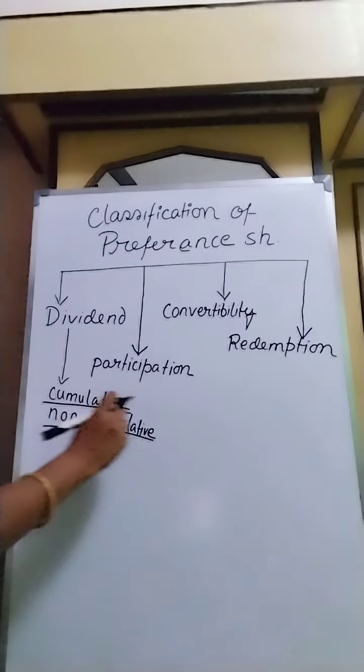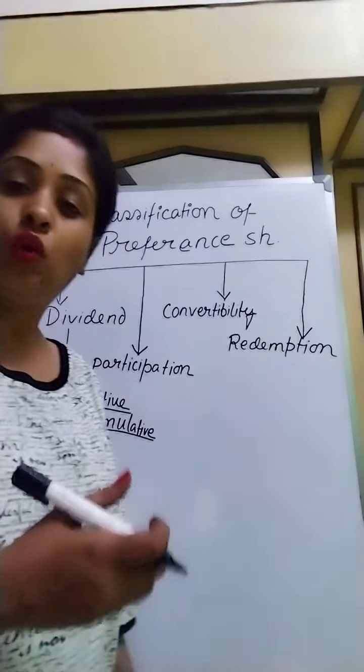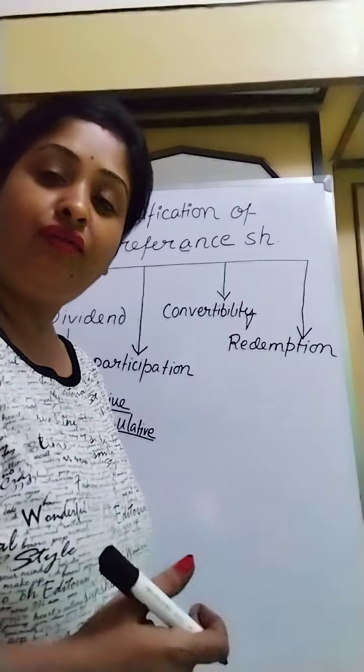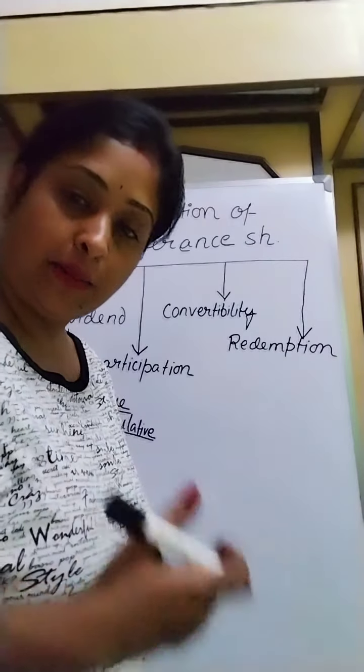So a cumulative preference share is that type where the preference shareholders get priority and receive their fixed rate of dividend before dividend is paid to any equity shareholders of that company.